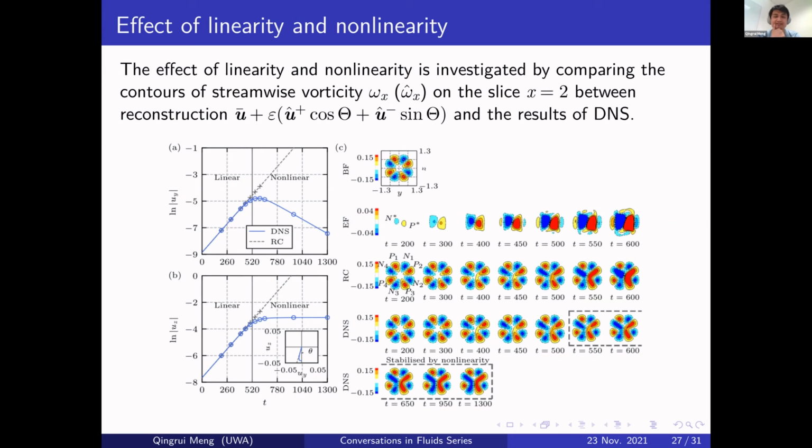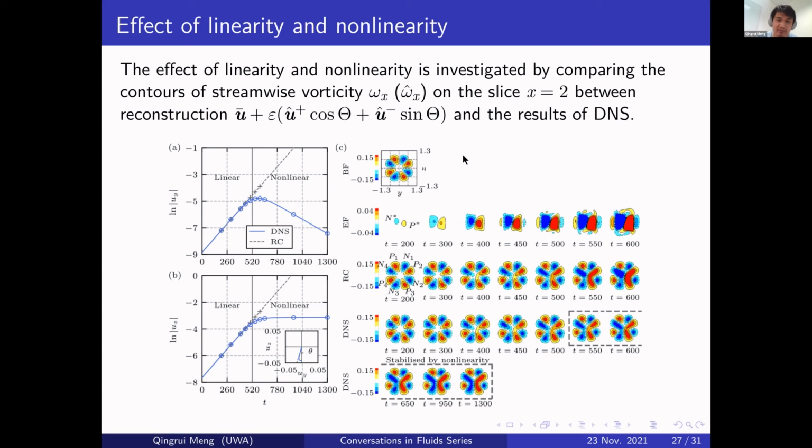If we reconstruct the flow field by the base flow, here we use U bar and the eigenfunction in such a way, and compare the flow field with the result obtained by DNS, we can clearly observe as time develops the following.